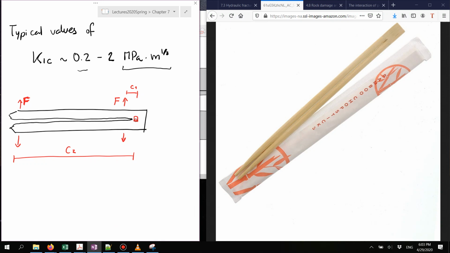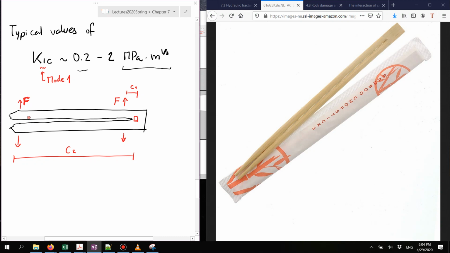And let's use also this analogy of the chopsticks to discuss two other types of fracture propagation. In this case, I don't know if you know this, but we were using this parameter I or 1, and it's because we are referring to a mode 1 fracture. And that would be a fracture in which these two faces of the fracture are getting further from each other.